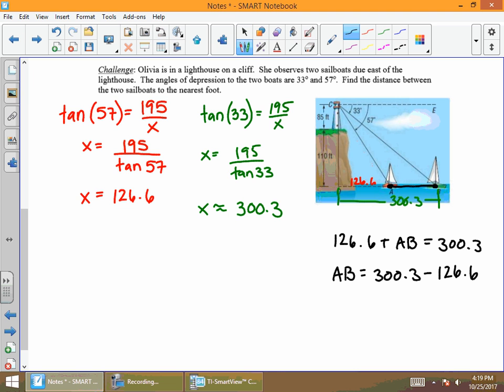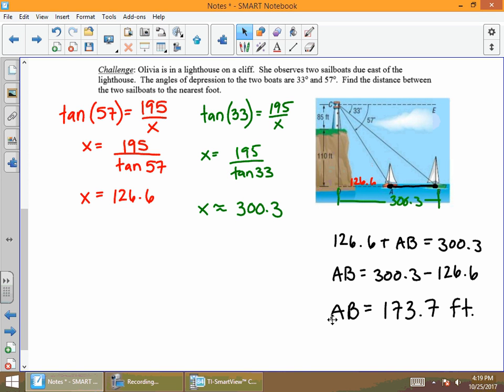So AB is 173.7 feet. So that is a challenging problem, right? It was called a challenge for a reason. And the only challenge really was to find two different distances and then subtract the two away from one another.